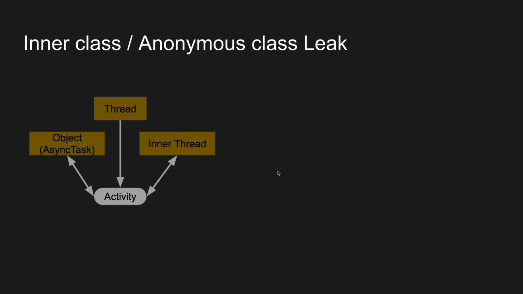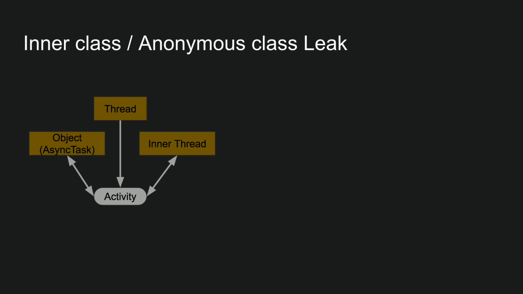So, to summarize the last two leaks that we talked about, actually this is from the example with the AsyncTask and the thread, but it also applies to the LiveData model. We have a thread that's attached to our activity, which also has references to these long-running tasks that in turn contain either an implicit reference in the example of inner thread and AsyncTask, or a very implicit reference in the case of a LiveData.